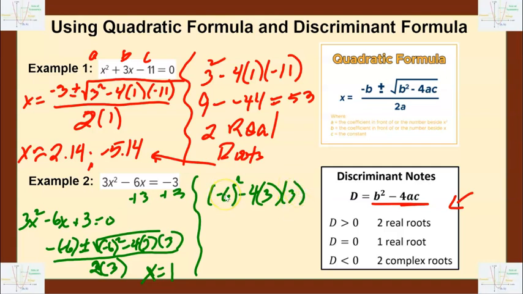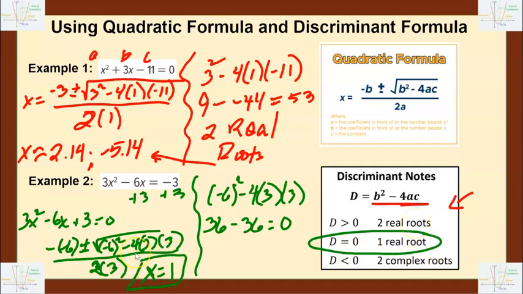So I have negative 6 squared is 36 minus 4 times 3 times 3. 3 times 3 is 9. 9 times 4 is 36. And the discriminant is 0. And because the discriminant is 0, there's one real solution, which we have here as x equaling 1. So that's how you can use the quadratic formula and the discriminant formula.